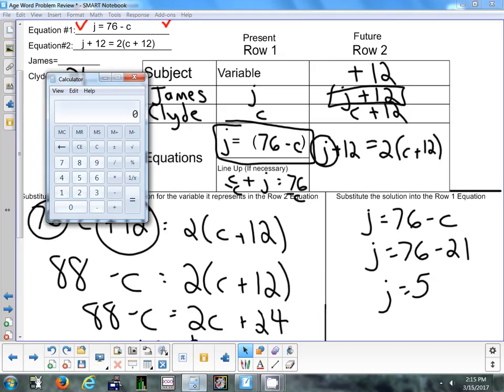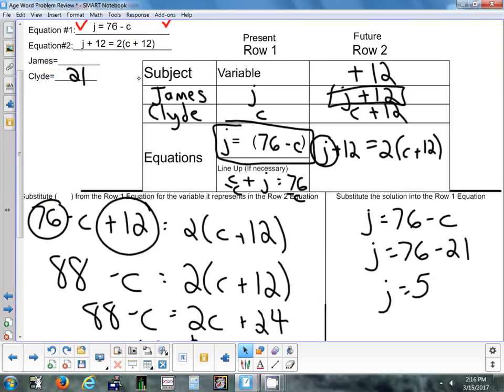Let me check. 76 minus 21. 55, good. Go back up, make sure I write it in.